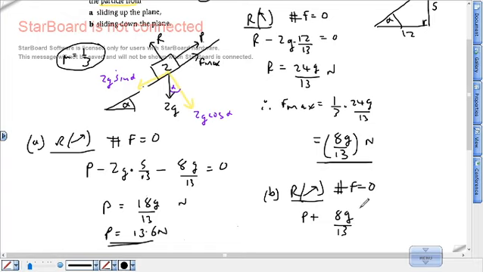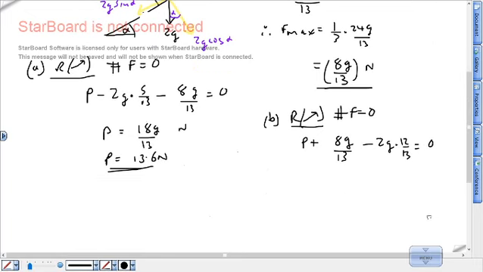Okay, these two added together, take away your 2g sin alpha. Sin alpha is 12 over 13, so times by 12 over 13. And that is equal to 0. So I end up with 24g over 13, take away from that 16g over 13, throw it over.